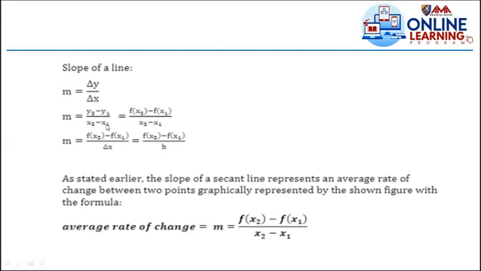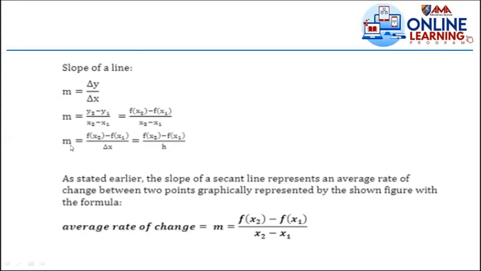But by this time, we don't have y2 and y1, wherein y is equal to the function of x. So therefore, y2 is equal to the function of x2. y1 is equal to the function of x1. So delta x is equal to x2 minus x1.